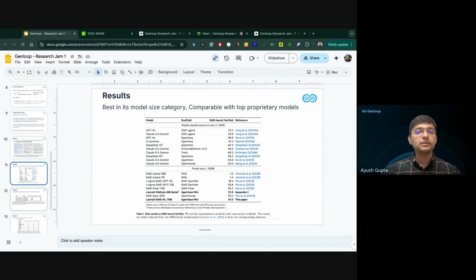Not sure about 4o today, but of course DeepSeek V3, we know, is 671 billion. So 10 times smaller, and still able to do it. And compared to these SWE-Llamas, 13 billions and all, it's much better, 40 times better than this one, and 33% better than SWE-Fixer.